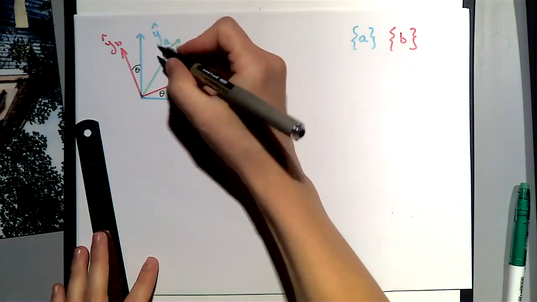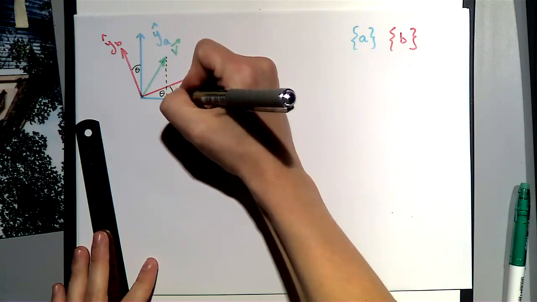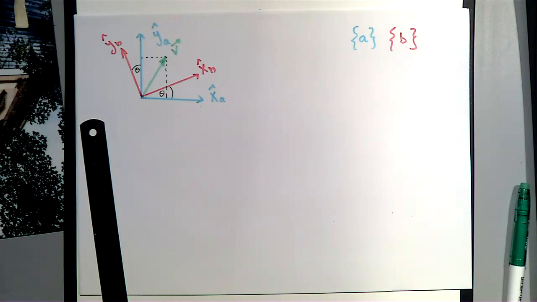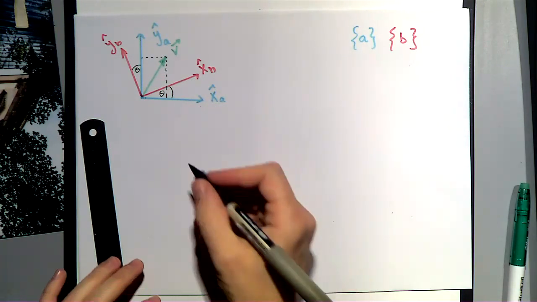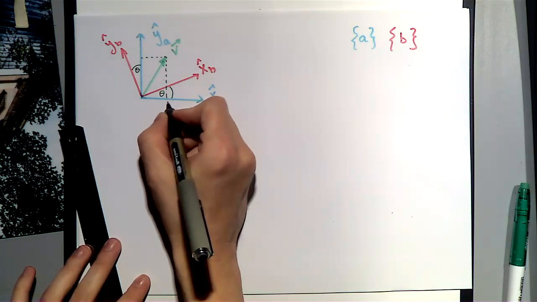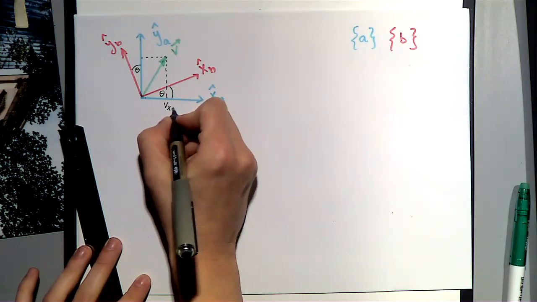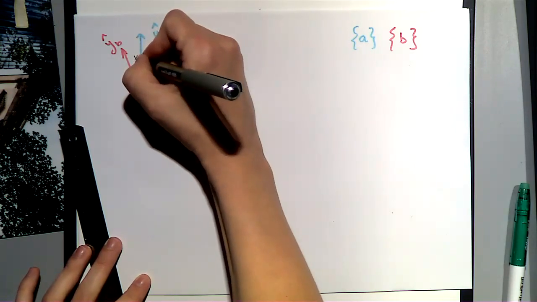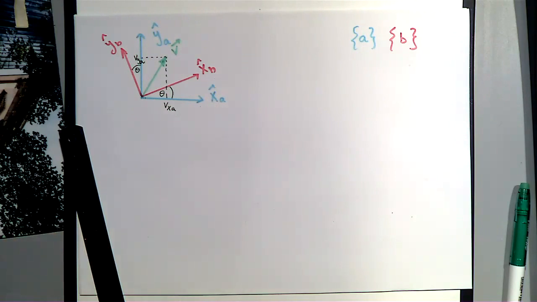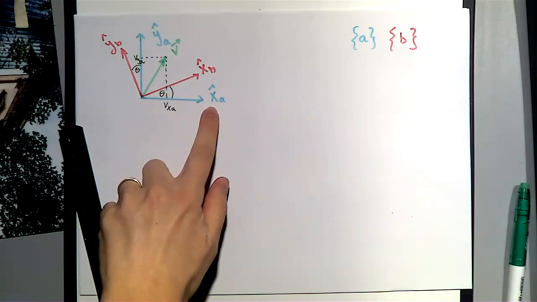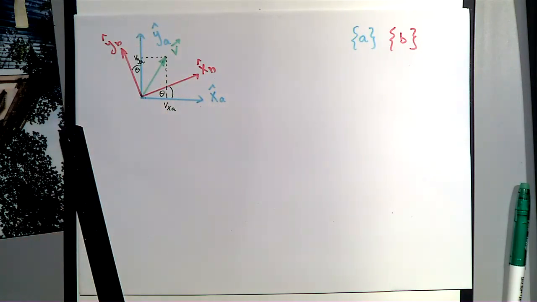So in order to represent it in frame A, I need to draw these projections on the axes of frame A. Let me call that Vxa and Vya, the scalar values of the shadow of this vector V on axis XA and on axis YA.